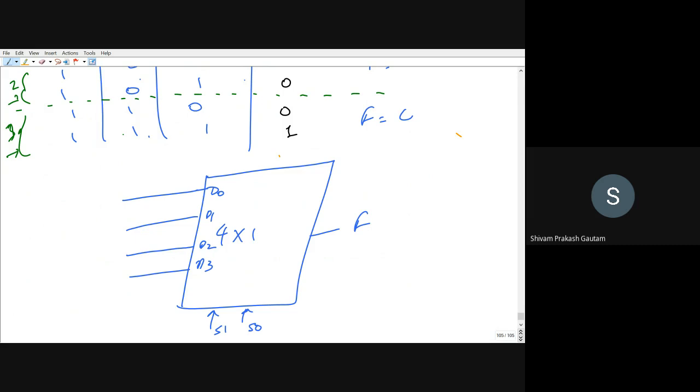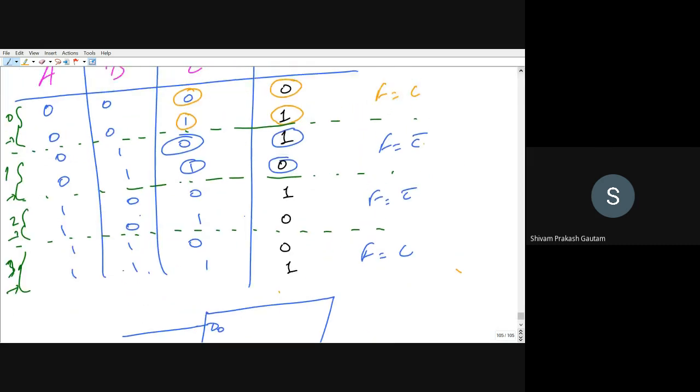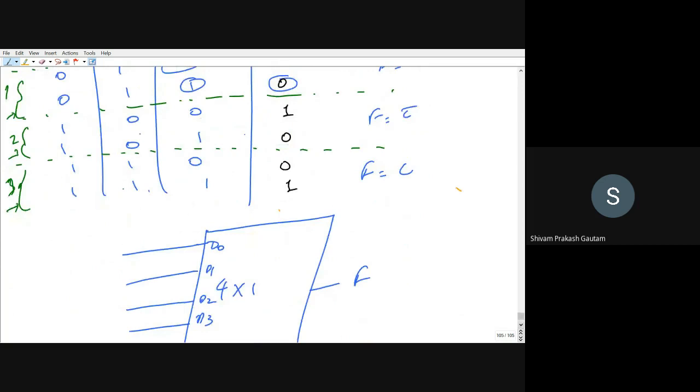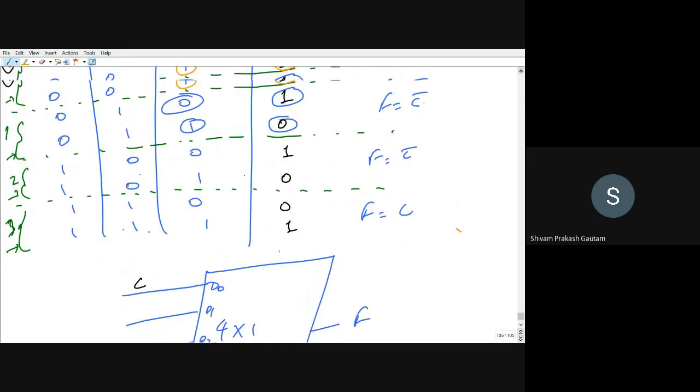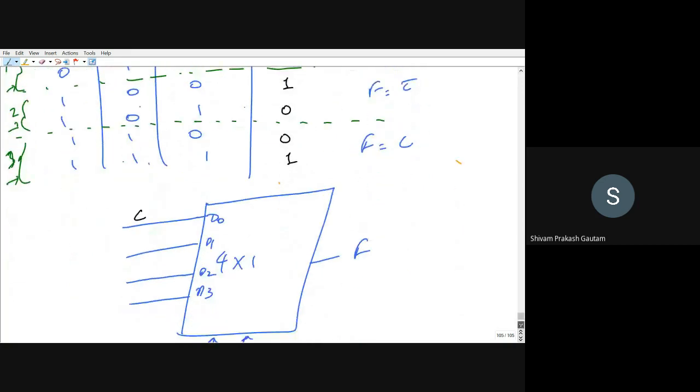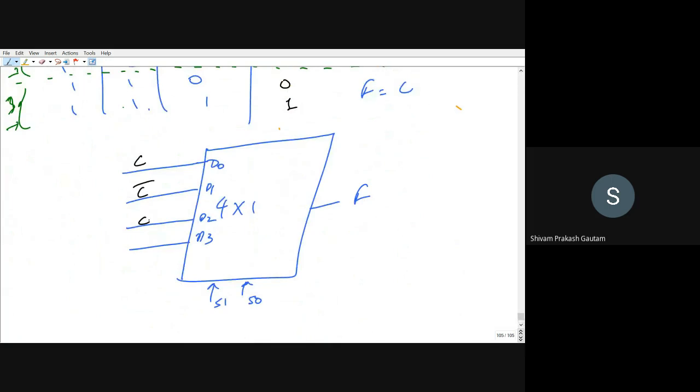And in D0, what is flowing? Just check. D0 means this first category. In D0, C is flowing, so you can write C here. Then C bar is flowing, here also C bar, and here C. So this is how you can implement the function in a 4x1 multiplexer.